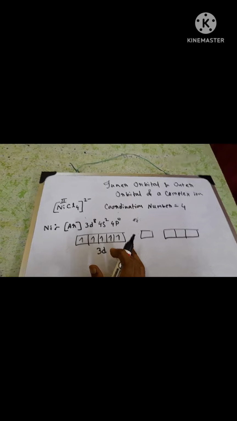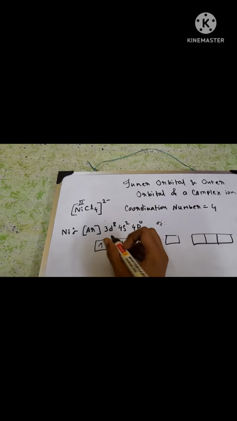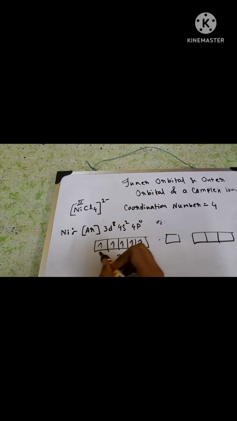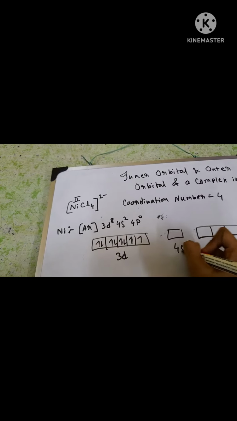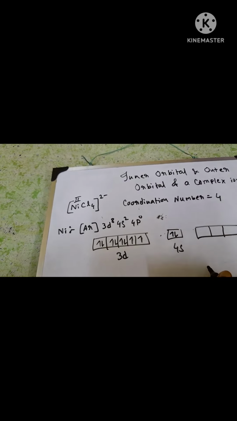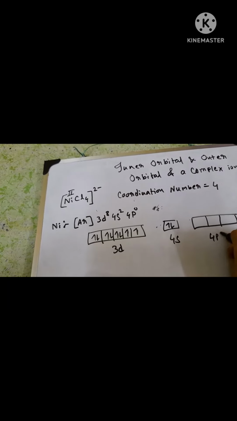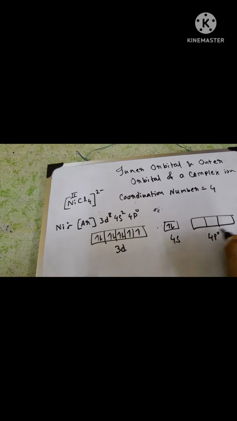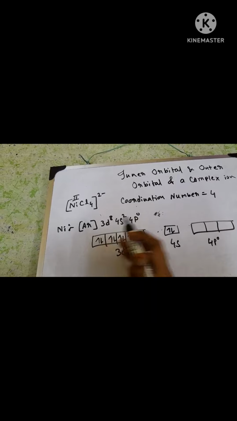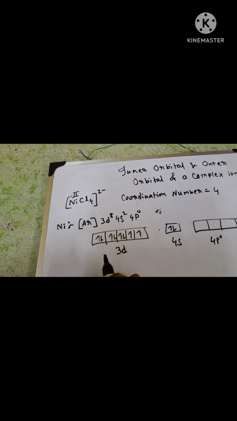There are 8 electrons in the 3d orbitals, giving unpaired electrons. Second, here it is 4s2, that is 2 electrons, and this is 4p0, so there are no electrons present in the 4p. Only 3d and 4s are involved in this.